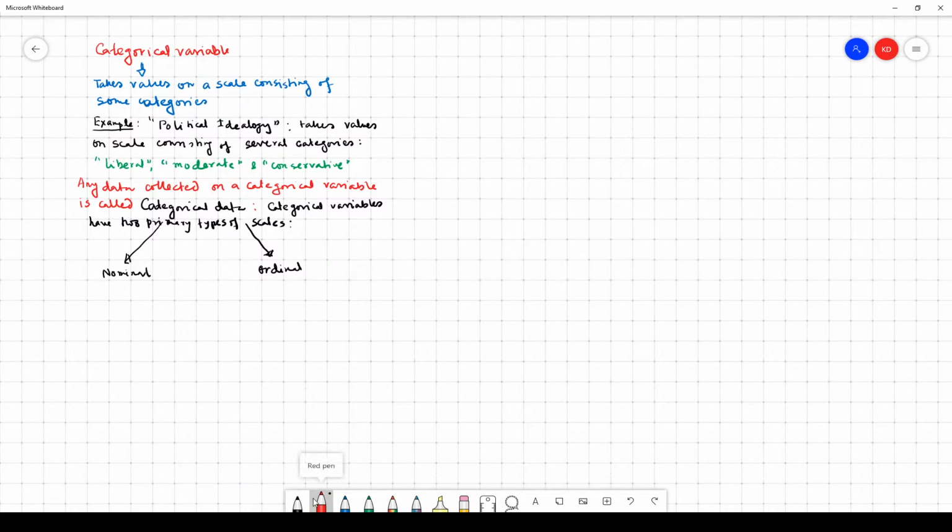Nominal scale means here we cannot order. I think it is better to give an example for a nominal variable. Say religious affiliation.